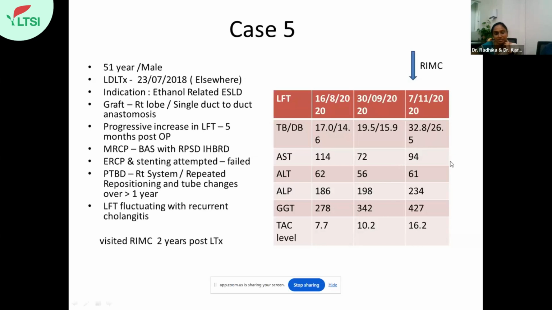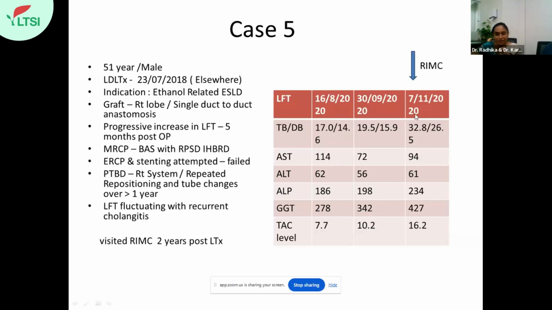I have just projected the last available 2 LFTs, from before he came to our center. We can see that around 2 to 3 months before coming to our center, his bilirubin was high, he was cholestatic, and AST ALT were also high, and the gamma GT was 278 and 342 with very high tacrolimus levels.